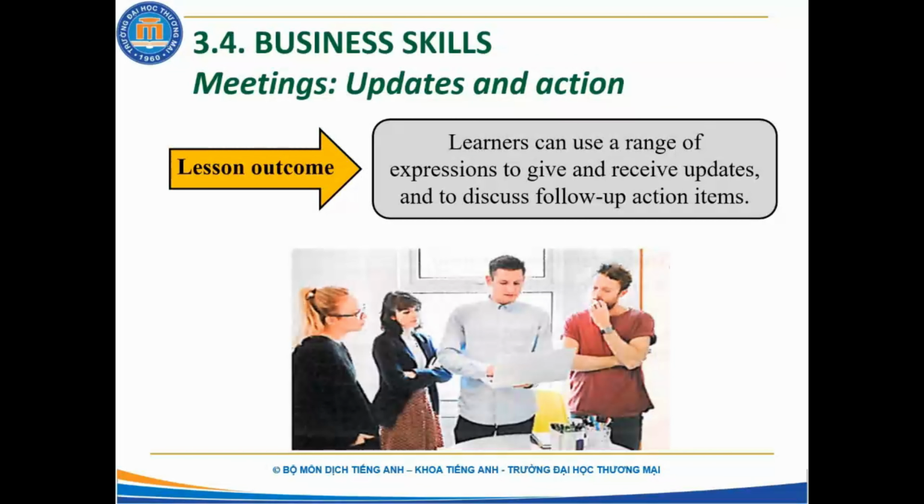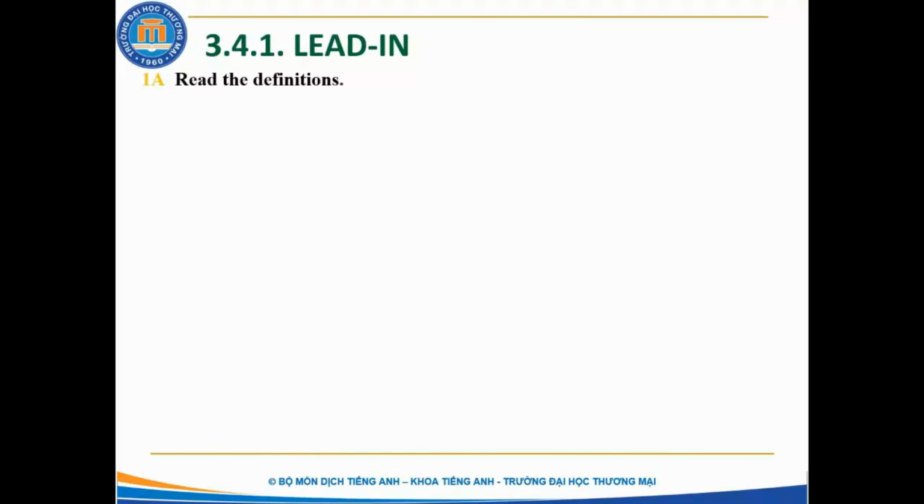Now let's move on to part 3.4, business skills, meetings, updates, and action. So after this part, learners can use a range of expressions to give and receive updates and to discuss follow-up action items. Now let's start with the following definitions.